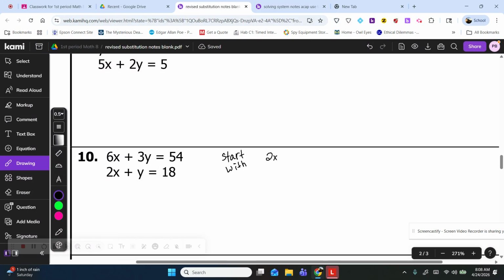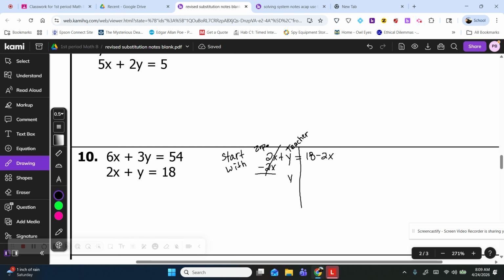Two x plus y equals 18. And your teacher is going to be the y. Now, what do you do to get y by itself? Make a 0 pair. Okay. Minus 2x on both sides.